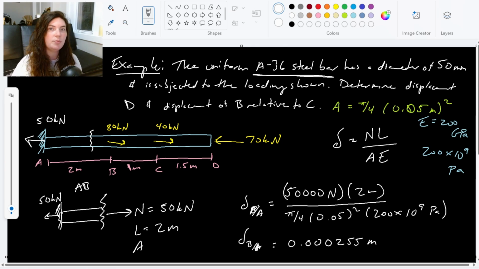So I'm going to have to repeat this for every section, because every section I take is going to give me the displacement with respect to the section next to it.